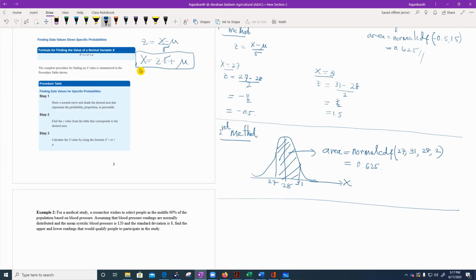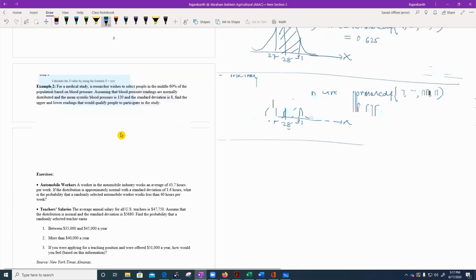Draw a normal curve and shade the given region. Then find the z value for that given area, then calculate the x value by using the formula for x. Okay, so let's look at this problem.